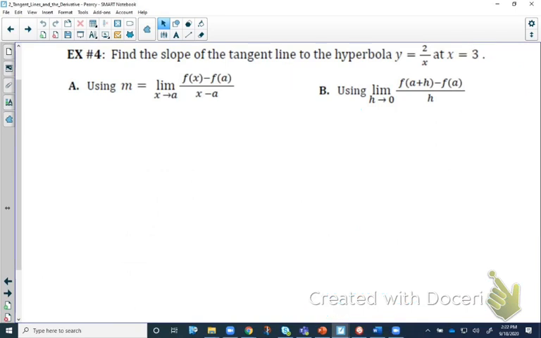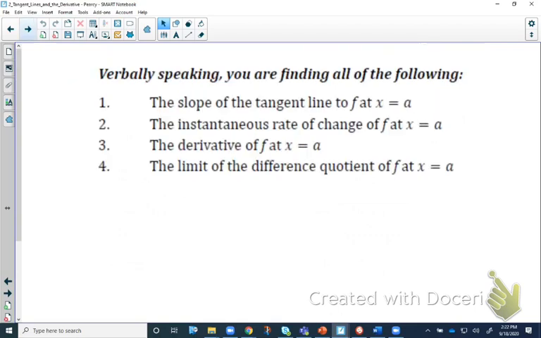So here, now what we're going to look at, here it's kind of just verbally giving you some explanations. The slope of the tangent line at f is going to be equal to some value, x is equal to a. The instantaneous rate of change is the same thing, because the slope of the tangent line, the instantaneous rate of change, and the derivative are all telling you the same thing.